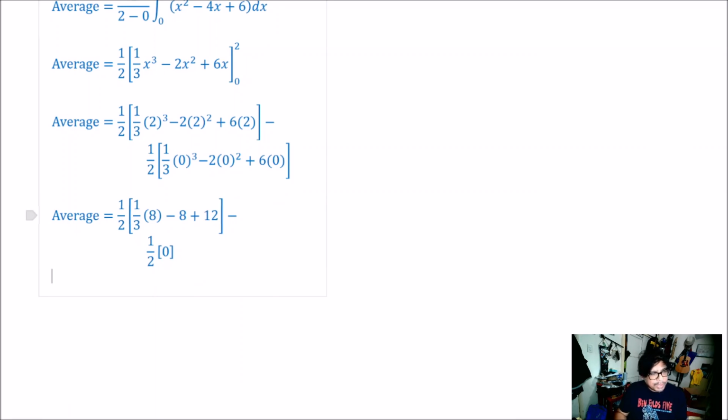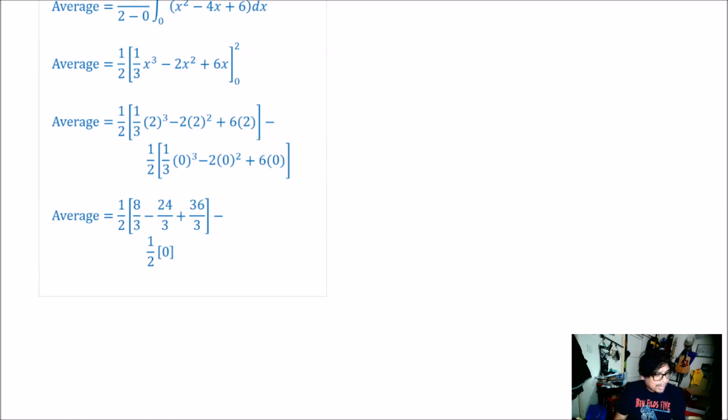And then it looks as though our first term is multiplied by 1/3. Let's put everything to a common denominator of 3. 8 times 3 is 24. So 24 thirds. 12 times 3 is 36. So 36 thirds.